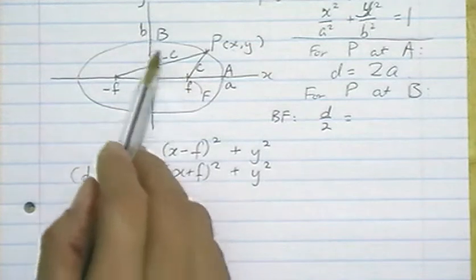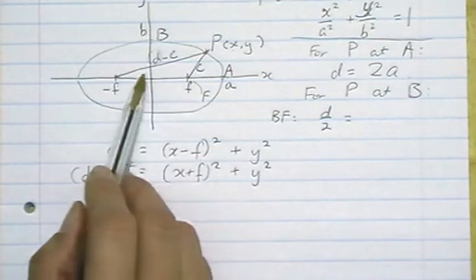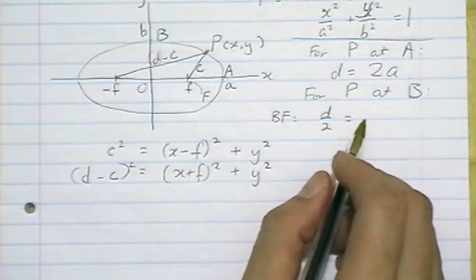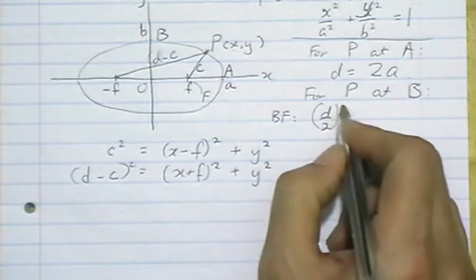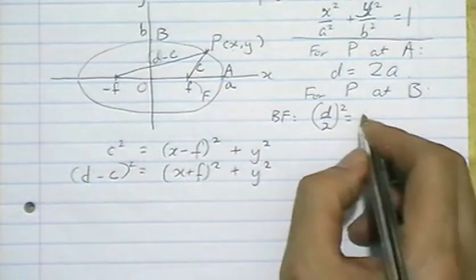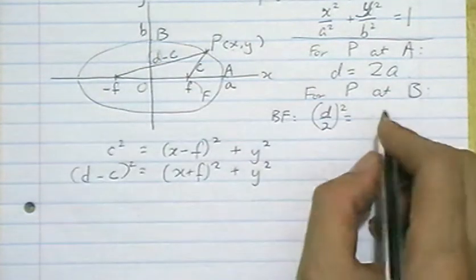We can relate this distance to these two distances using Pythagoras theorem again. This distance squared along here is equal to f squared plus b squared.